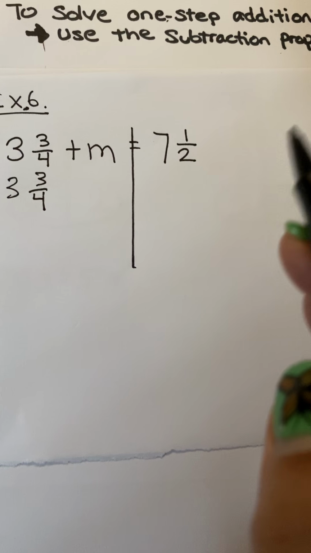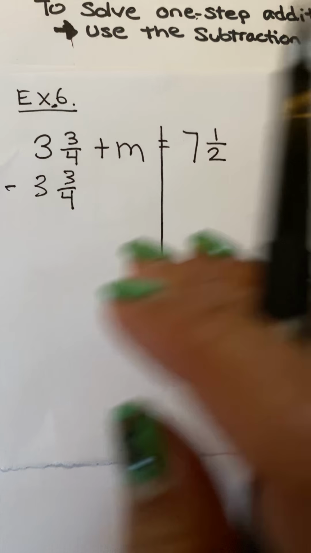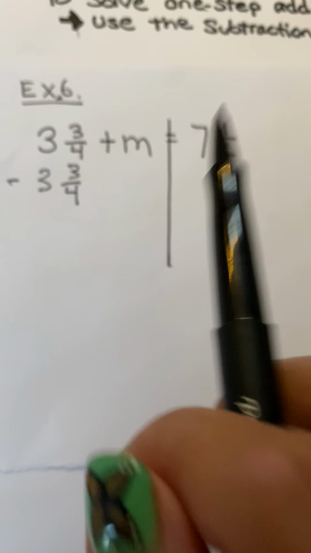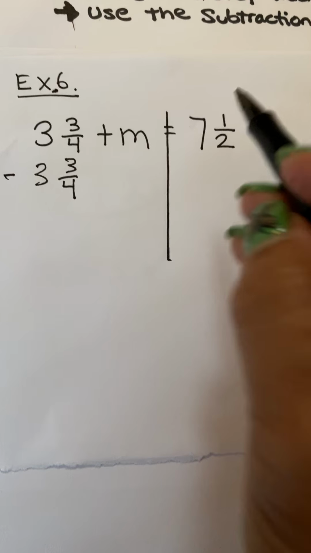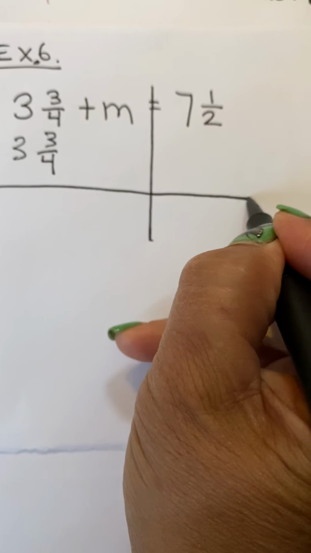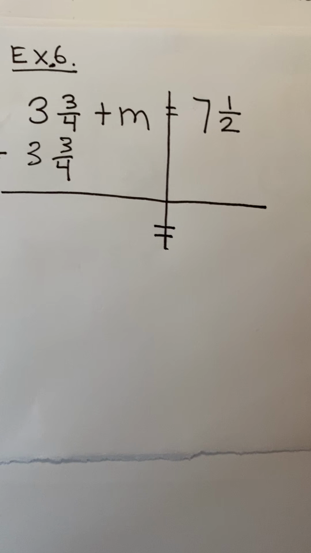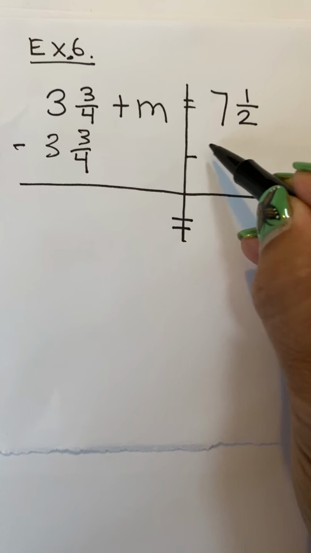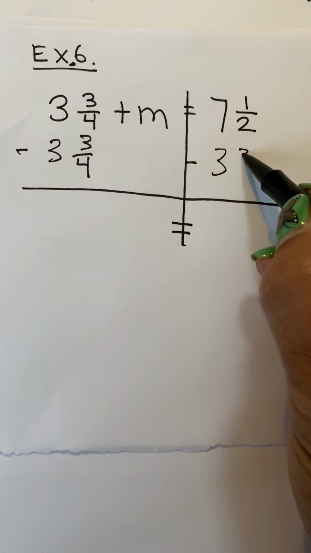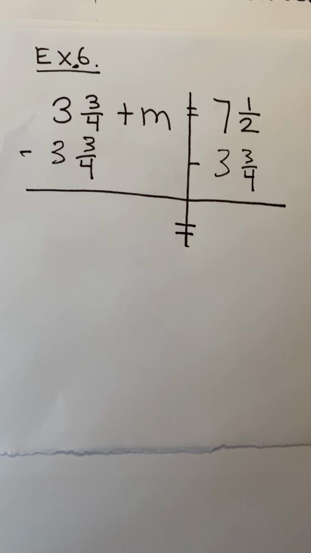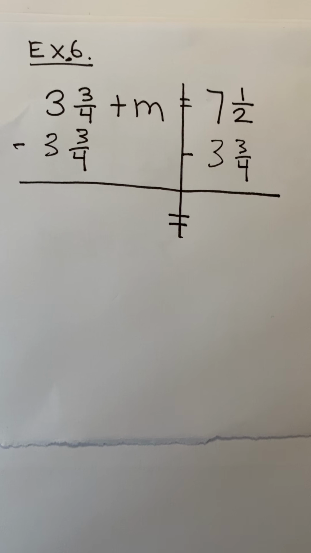So using the subtraction property of equality, whatever we do to one side, we have to do the same exact thing to the other side. So we are going to continue with our equal sign line and write minus 3 3/4 on the right side of the equal sign.